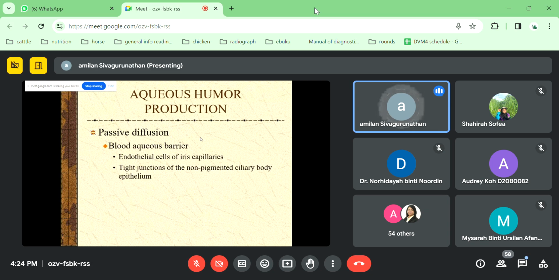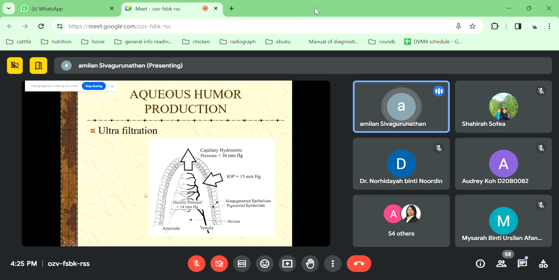The first pathway is the passive diffusion through the blood ocular barrier, and it requires just a standard physics diffusion pathway from high concentration to low concentration over a tight junction at the epithelium. The second pathway is through ultrafiltration.